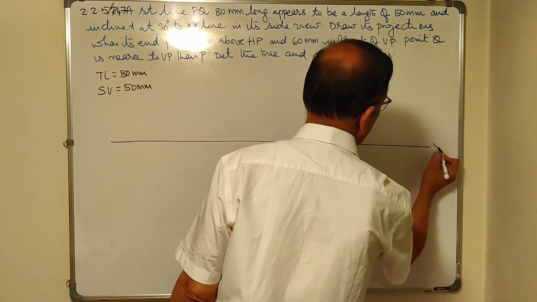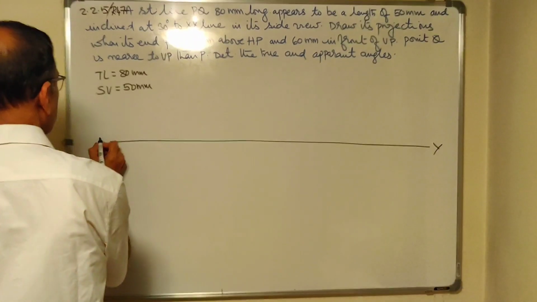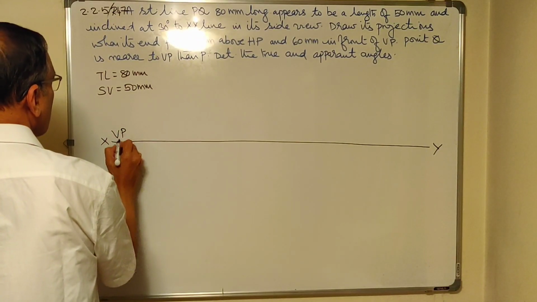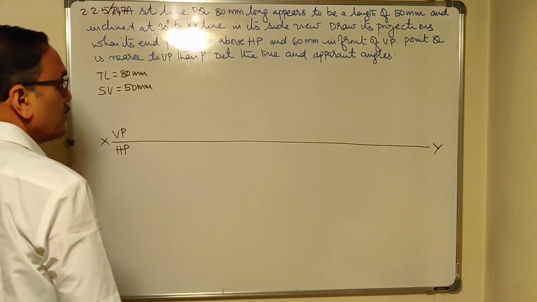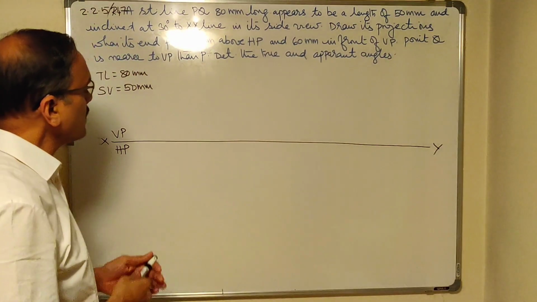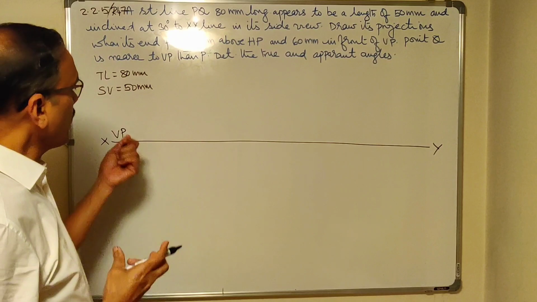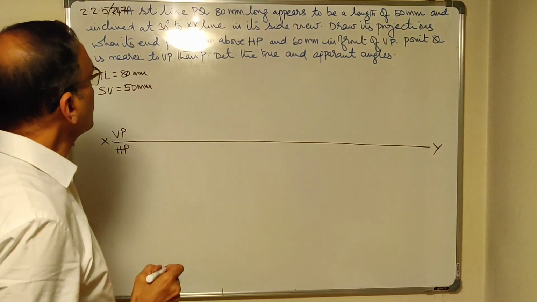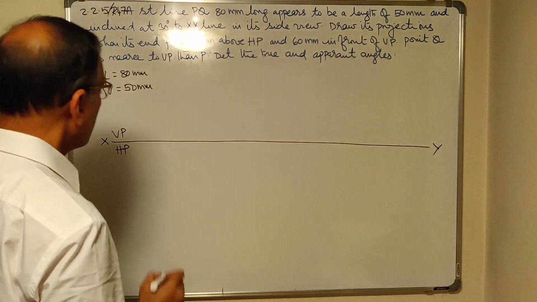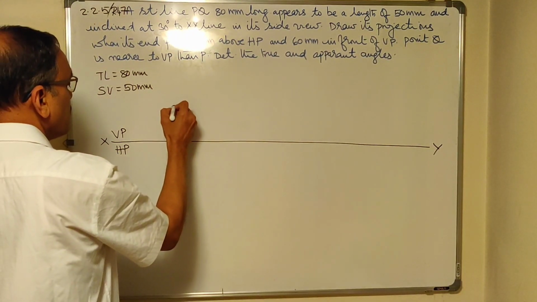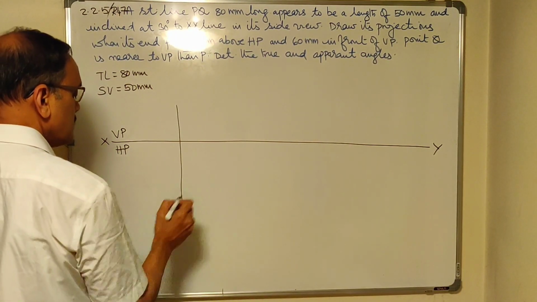So this is XY line. You are given the position of the point P. I can start by drawing its projections. Point P is 15 mm above HP, 60 mm in front of VP. 15 mm above, 60 mm in front of.